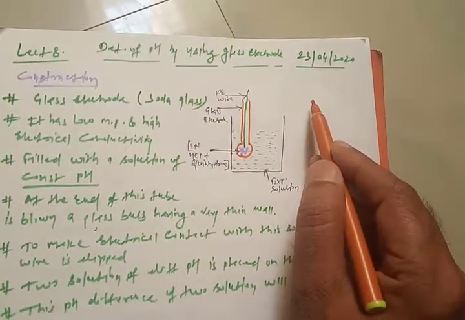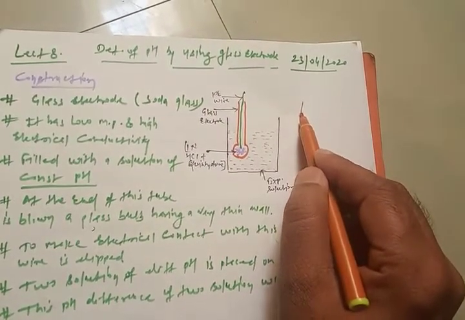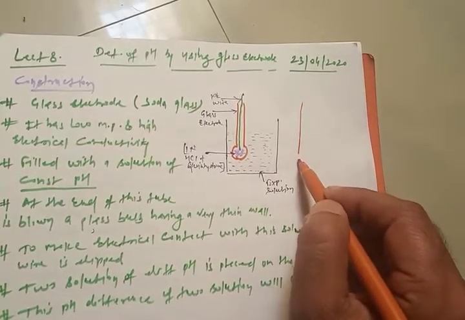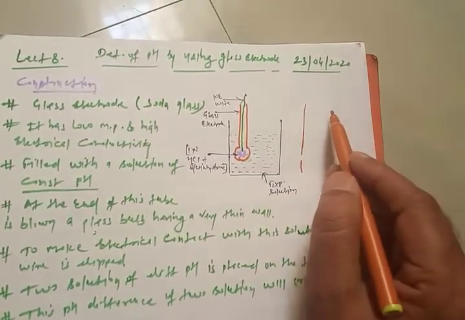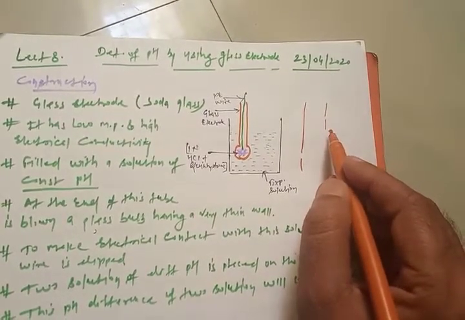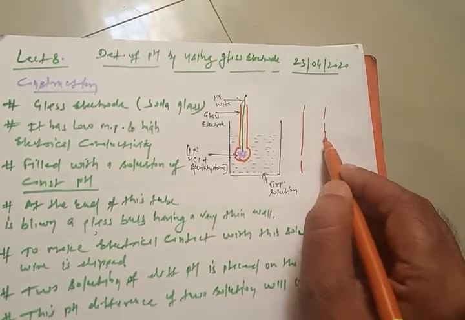So here is a tube, this is the tube I'm drawing. We are talking about the calomel electrode.